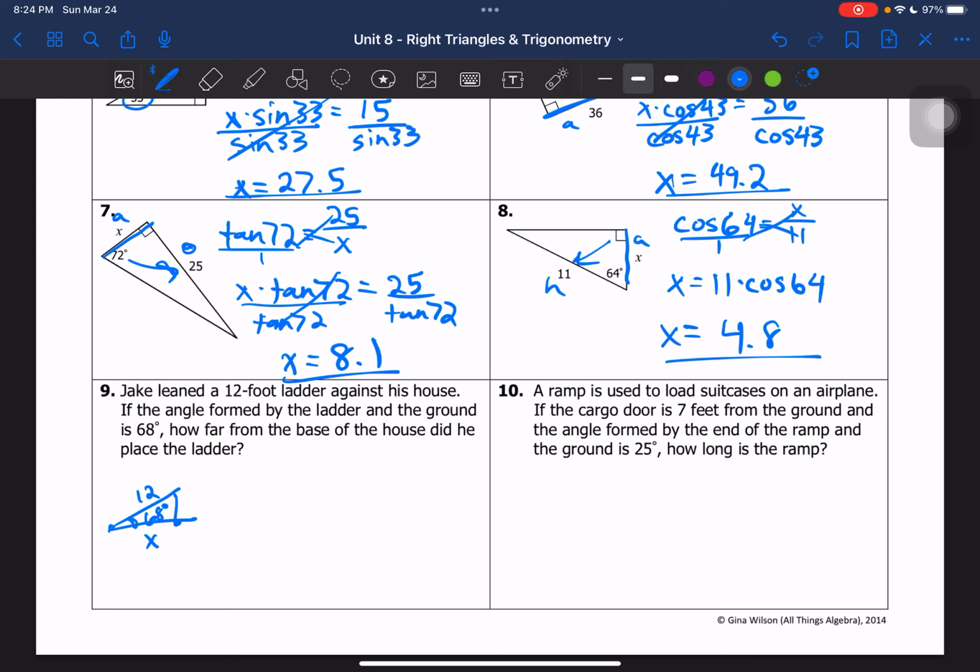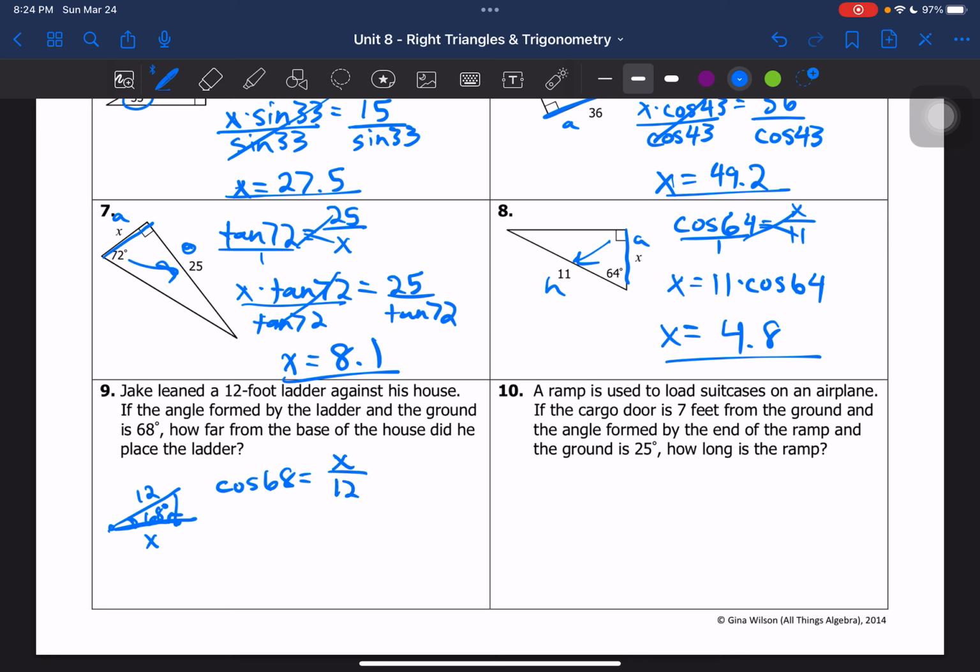And if I think about what I have, the right angle is right here, so I have the hypotenuse, and this x is an adjacent leg to my 68 degrees. So if I have adjacent and hypotenuse, I'm going to use cosine of my 68 degrees. And then my adjacent leg is x, because I don't know what that is, and my hypotenuse is 12.